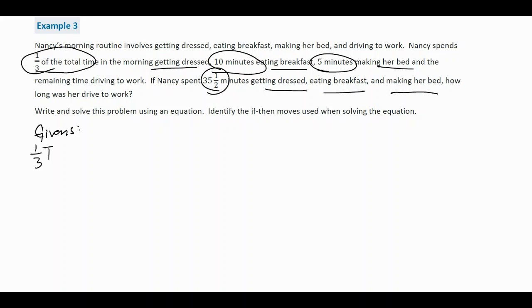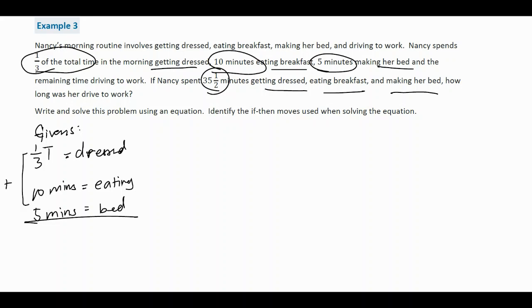We can represent it as a capital letter T for getting dressed. 10 minutes for eating breakfast. And 5 minutes for making her bed. And all these three is going to be a total of 35.5 minutes.